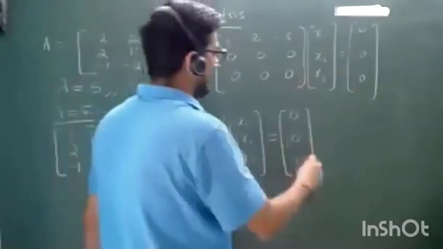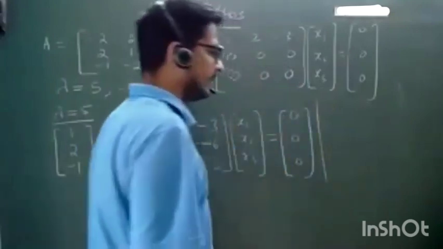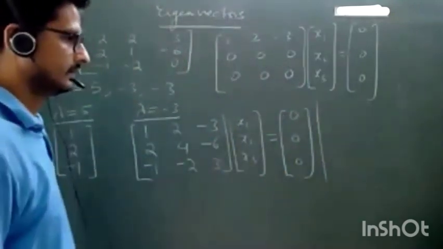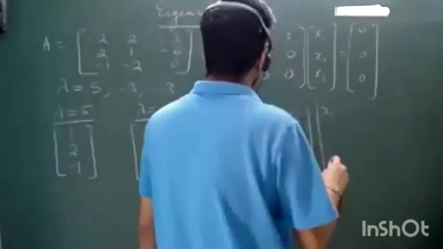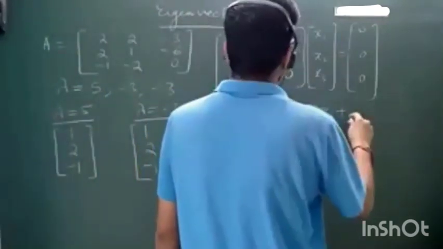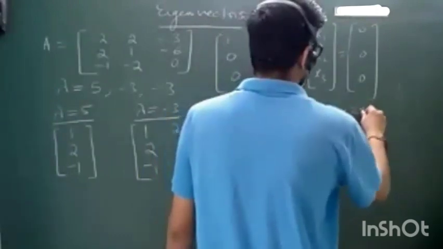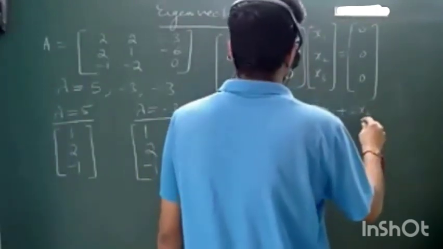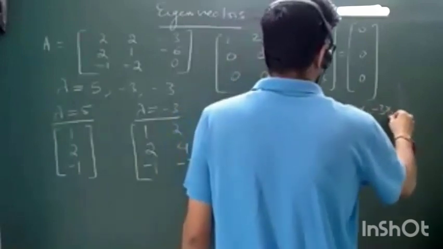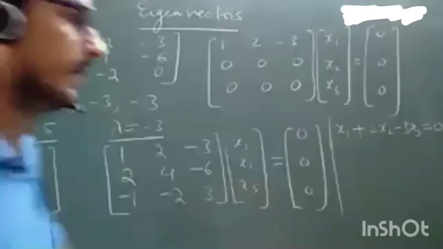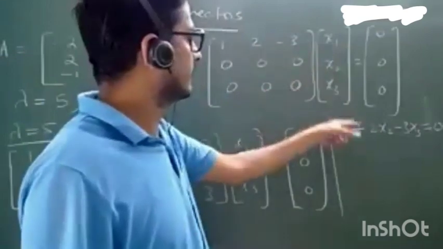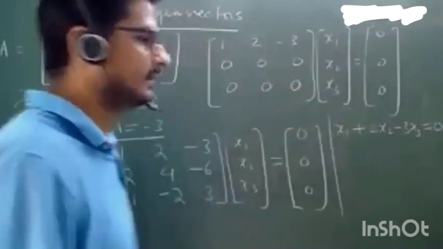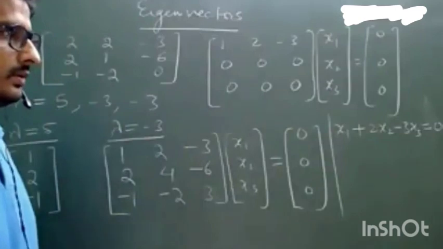If you write the equation, it becomes x1 plus 2x2 minus 3x3 equals 0.